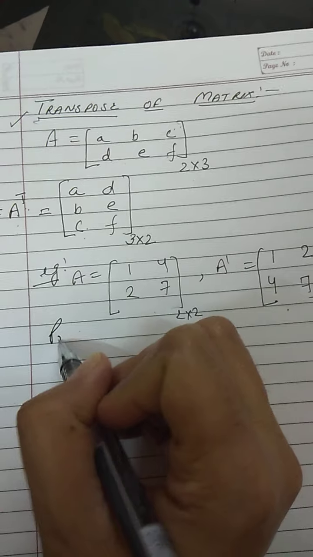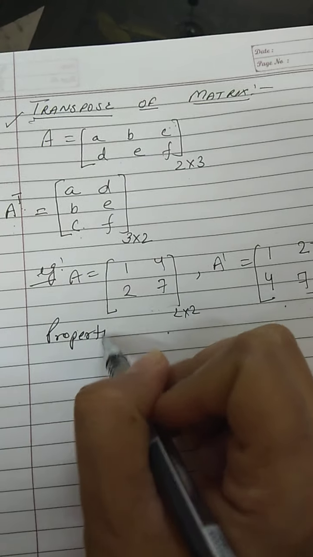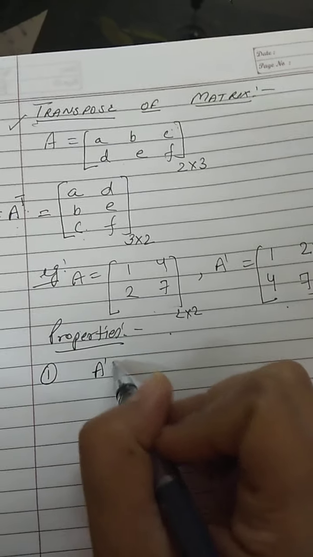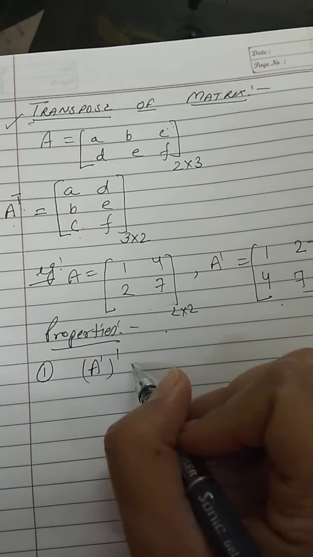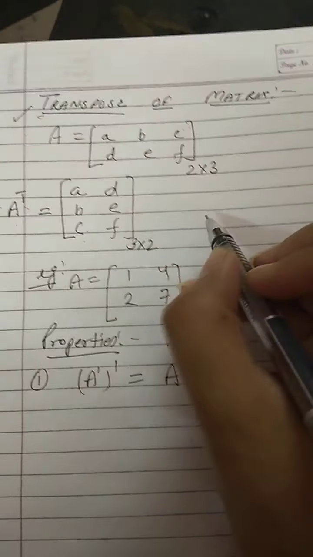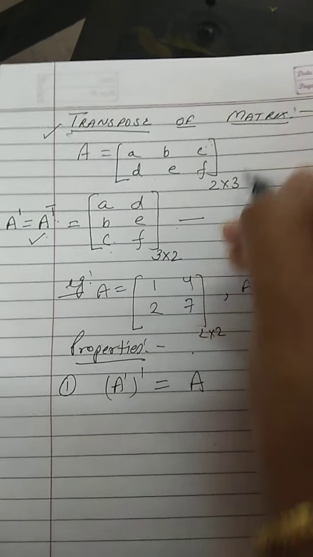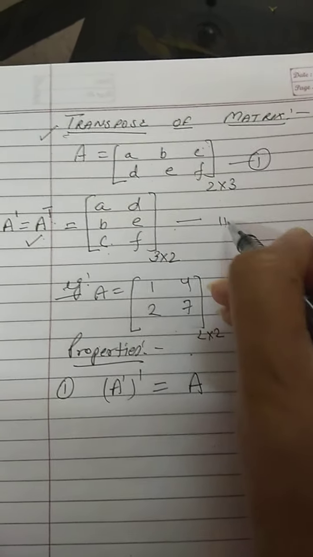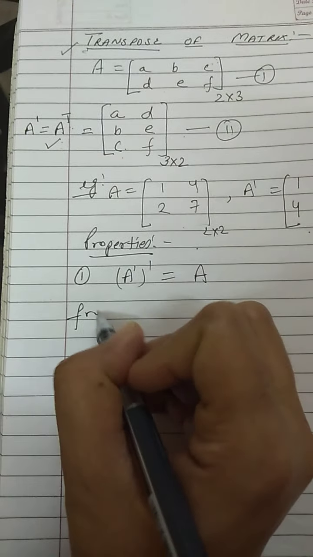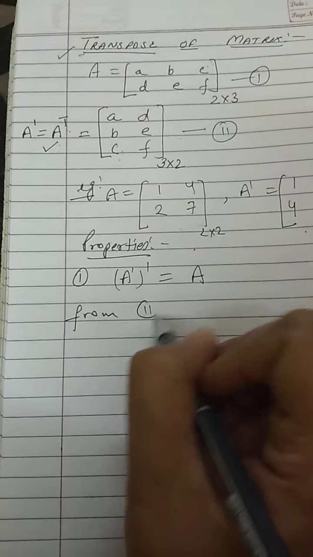We have a few properties also of the transpose. The first property says if I take the transpose of the transposed matrix, I will get it back. Now how will I do it? If I take this transpose matrix, let it be 1, this is 2, and when I take the transpose, I am marking it here as 2.